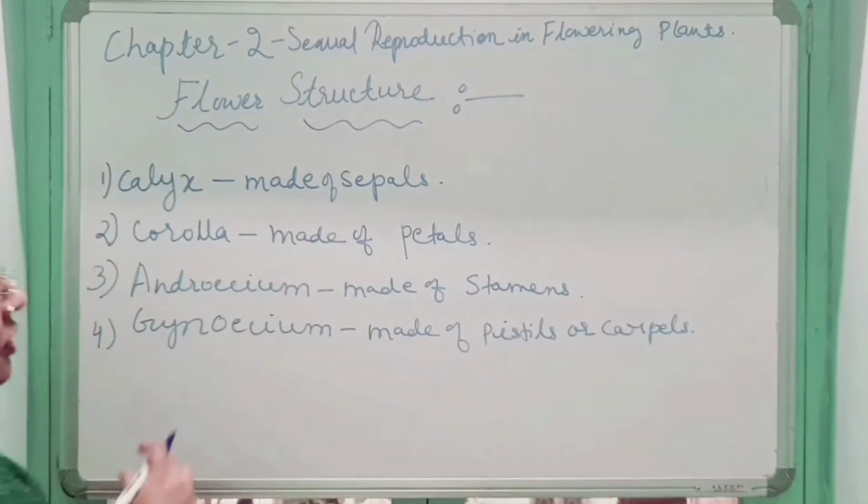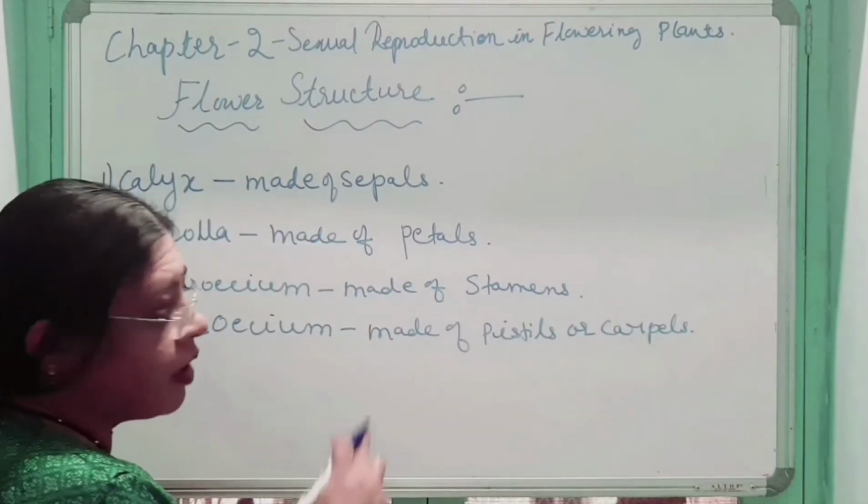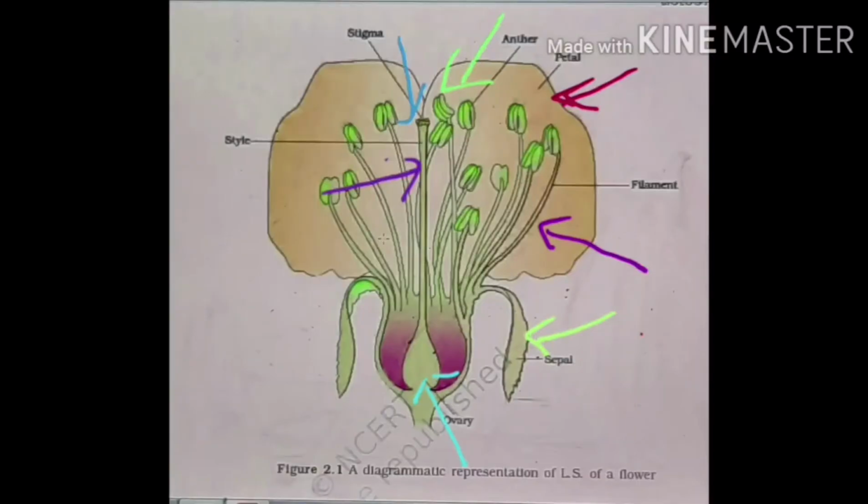Now let's understand these parts with the help of diagram. This is the diagrammatic representation of LS of a flower, showing different parts of the flower. The light green arrow shows the sepals. The red arrow shows the petals. The pink arrow shows the filament, which is long and slender.